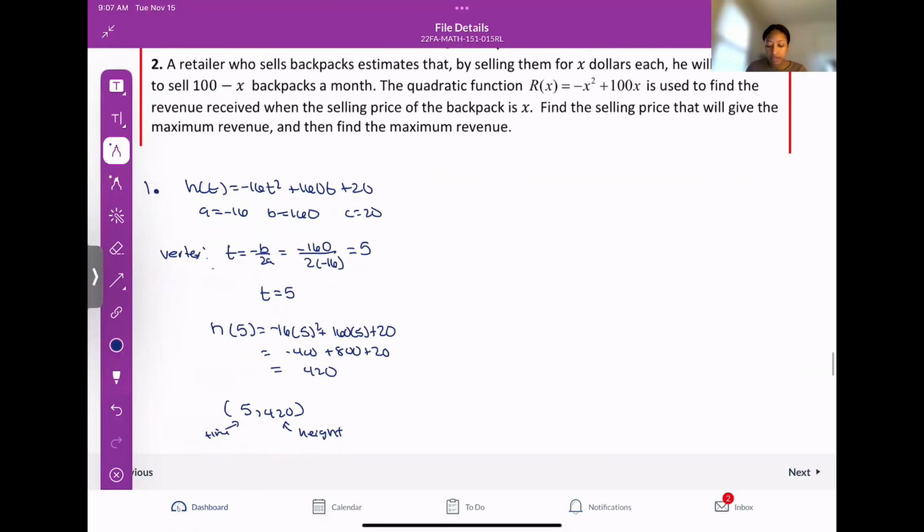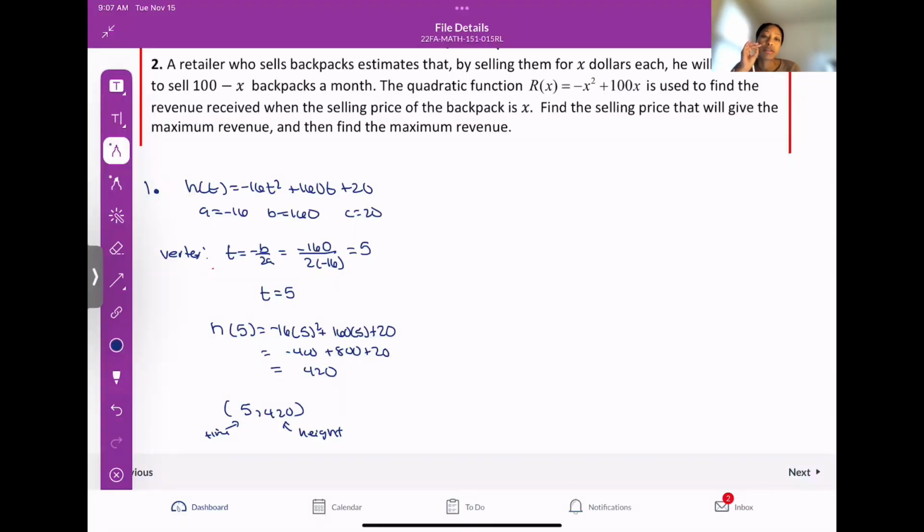Number 2. A retailer who sells backpacks estimates that by selling them for x dollars, he will be able to sell 100 minus x backpacks in a month. The quadratic function R of x equals negative x squared plus 100x is used to find the revenue received when the selling price of the backpack is x.